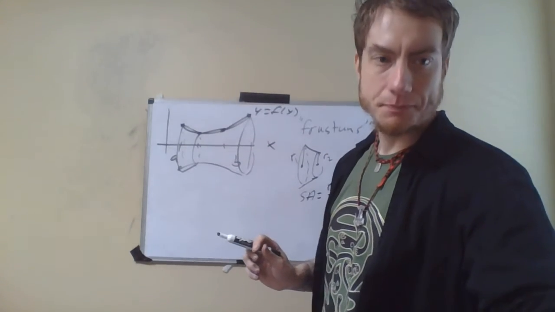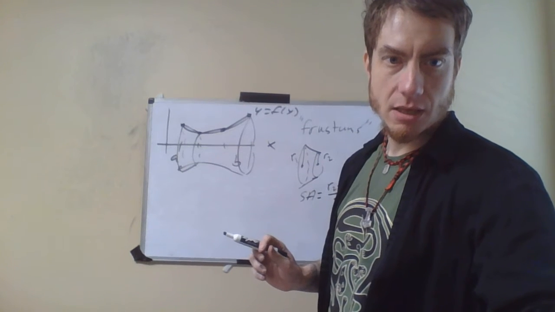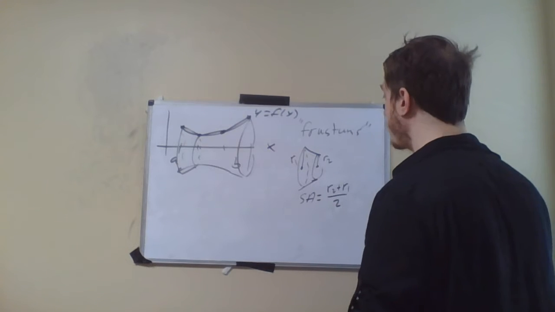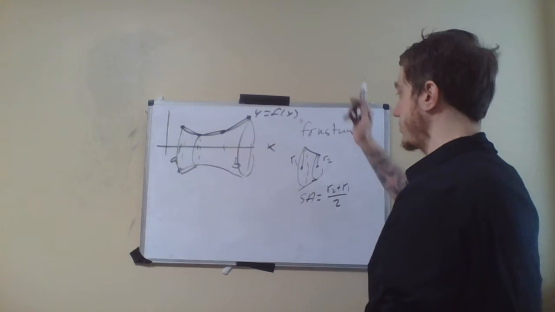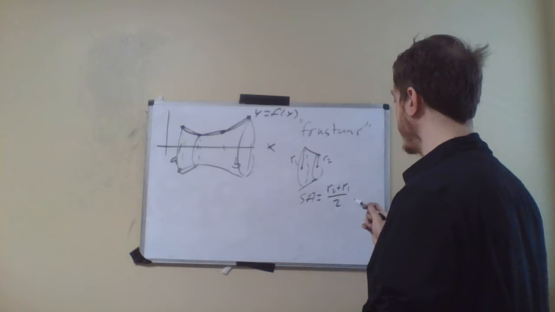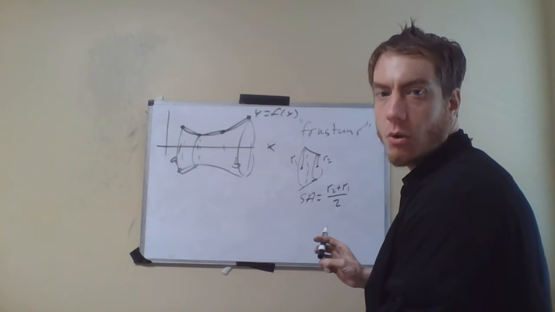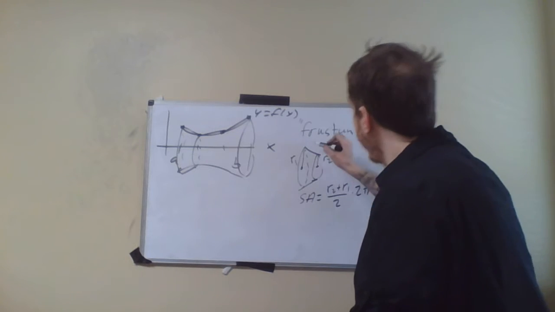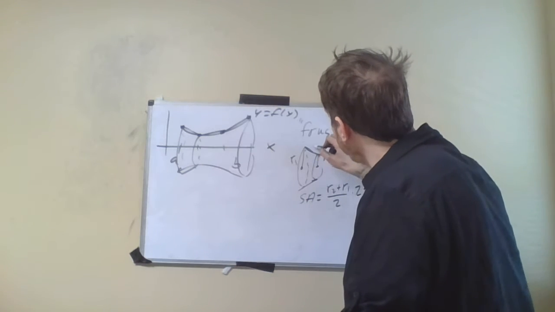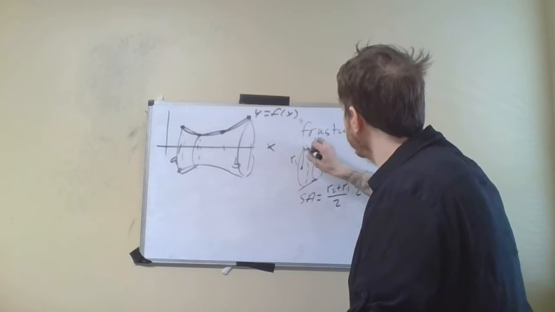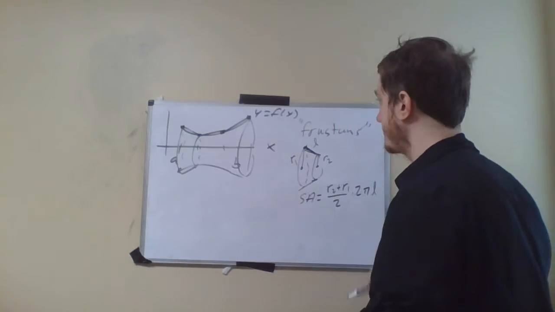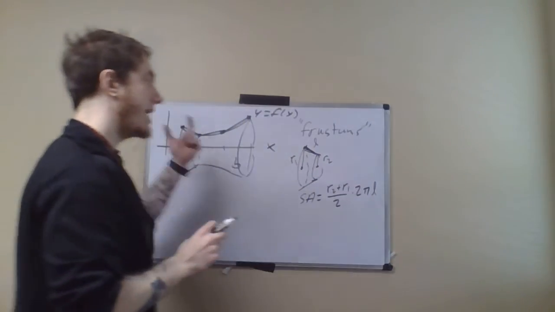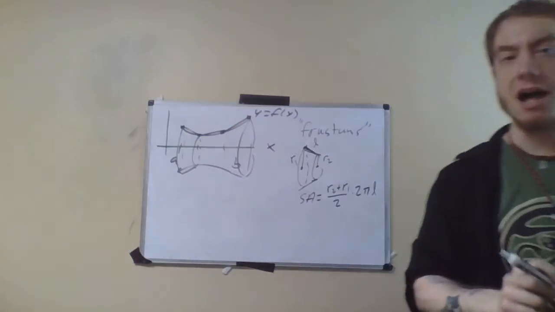And then we use the 2 pi R L formula, just like we do for the surface area of the side of a cylinder. And so this is going to be multiplied by 2 pi. And then what is the L? Well, the L here is this distance along there.